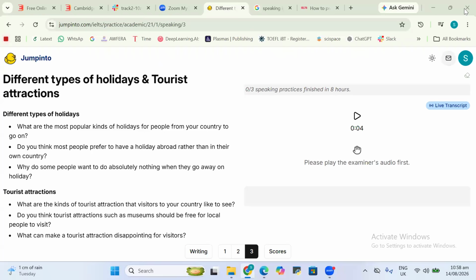Seriously, when you go for your exam, then you will understand the importance of feedback. When you receive your result, the examiner mentions what you performed well and what you did wrong.